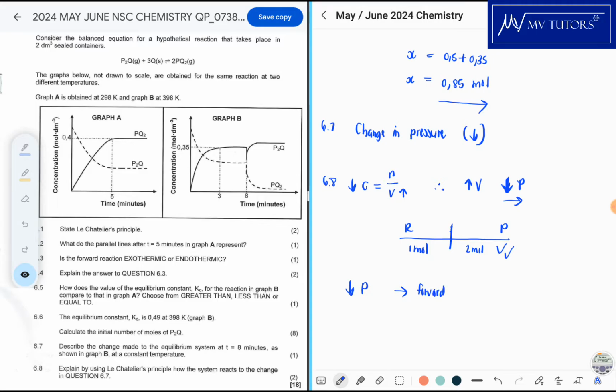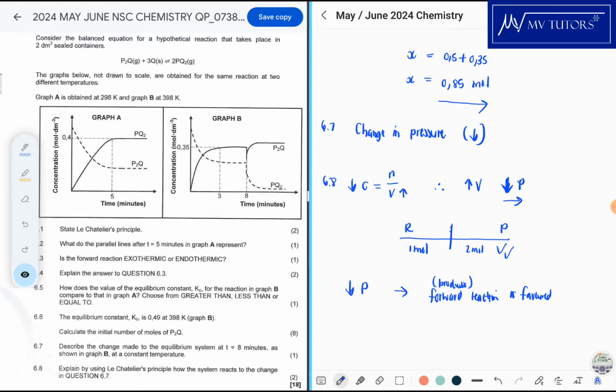So the forward reaction is favored, to say the products are favored. And if the forward reaction is favored, that's pretty much that.